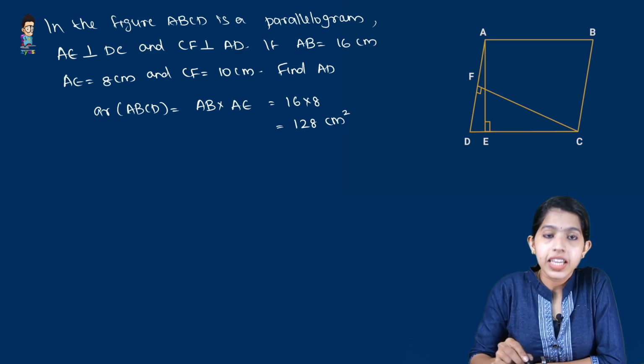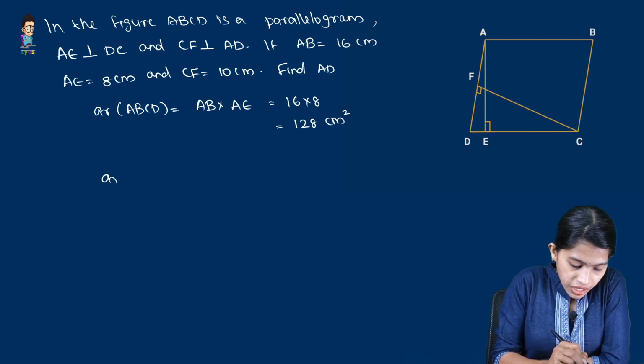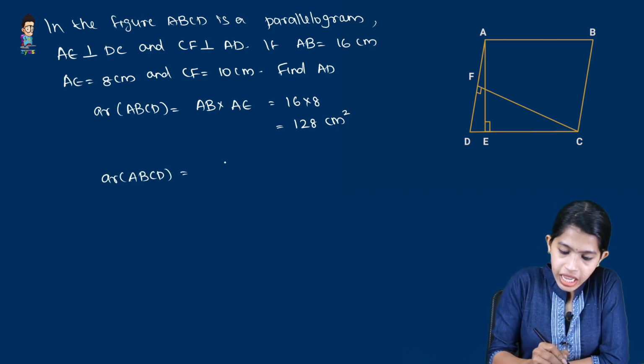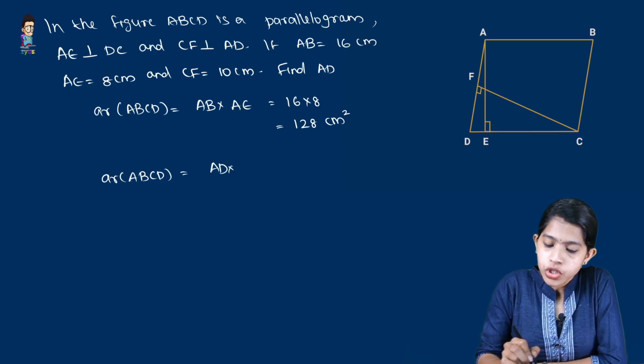Here AD is one of the sides of the parallelogram. So we can represent the area of parallelogram ABCD as AD into its corresponding altitude CF.